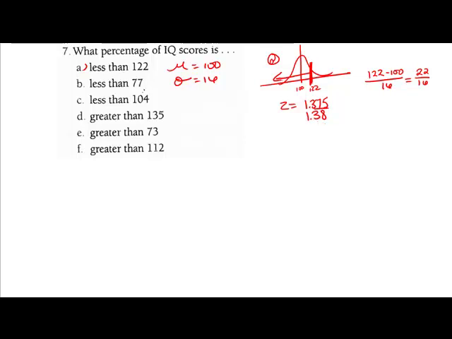I'm going to turn it into area by looking it up in the table. 1.3 over to 8 is 9162. So what percentage of scores is less than 122? 91.62%. There we go.